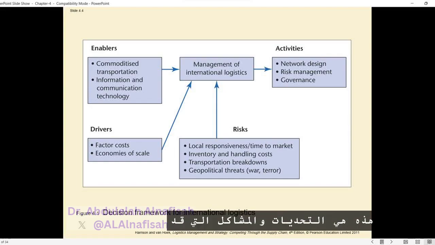Risks. These are the challenges and problems that may arise from the management of international logistics.